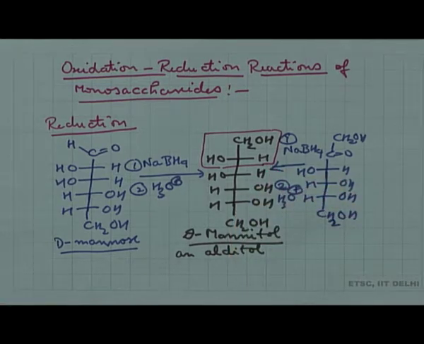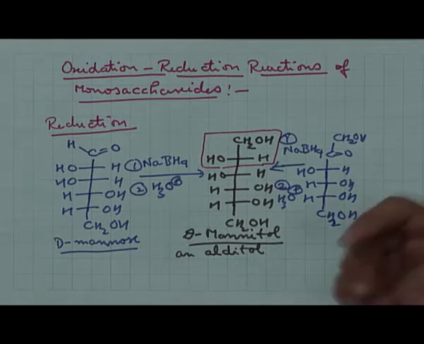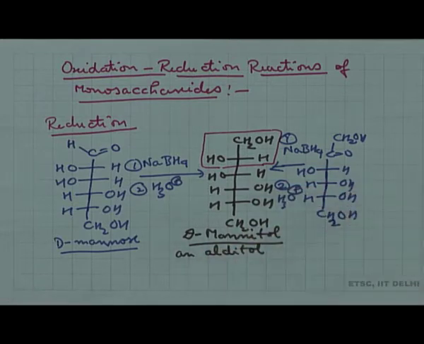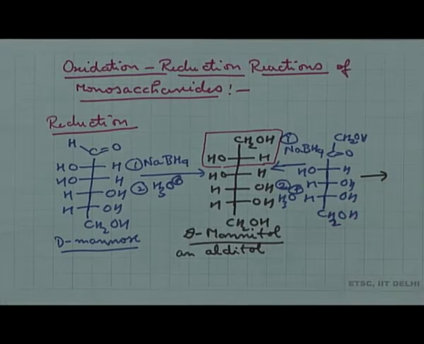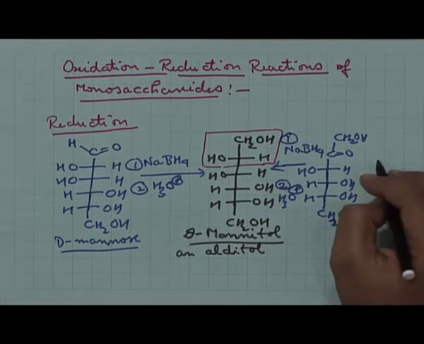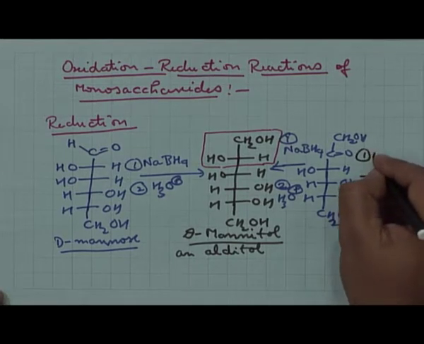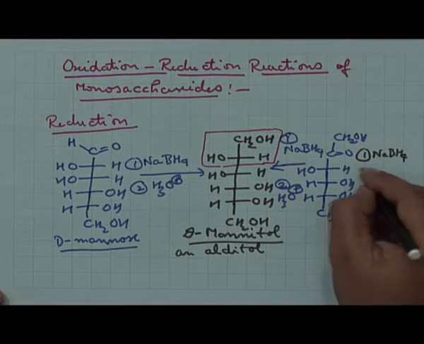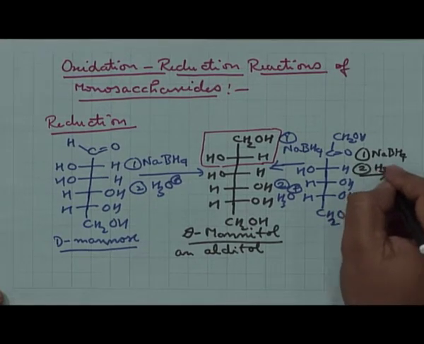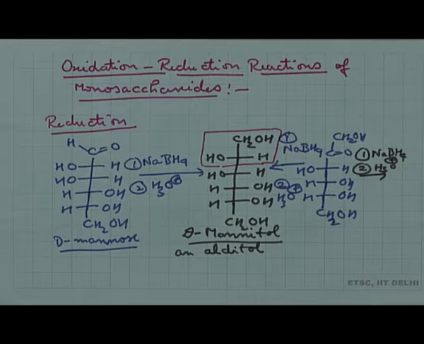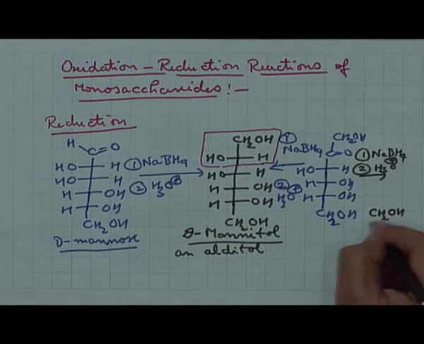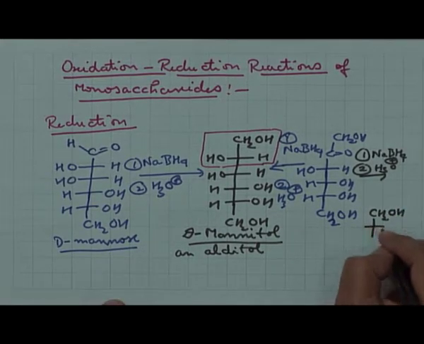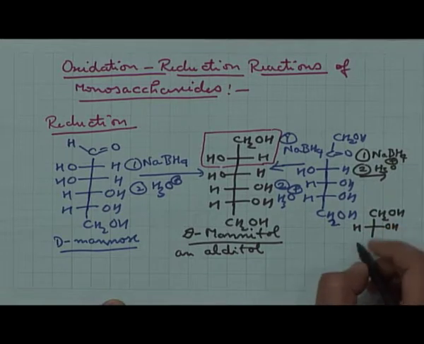So again sodium borohydride, and second is hydronium species, that will give the reduced compound, where hydroxyl is at the right side.